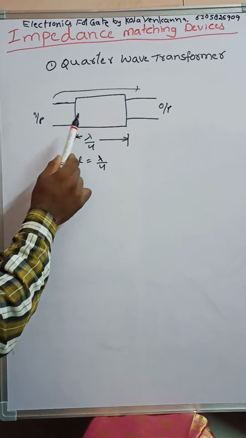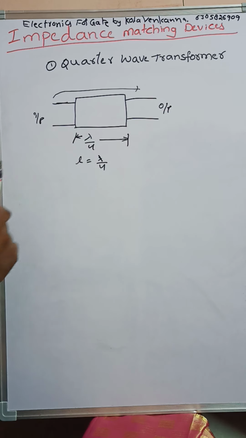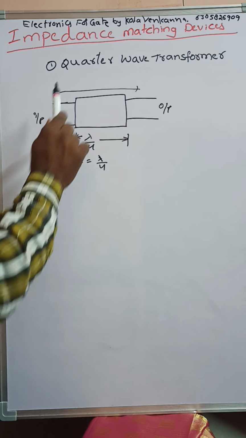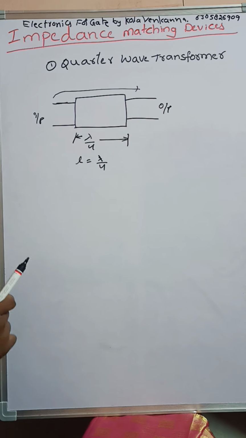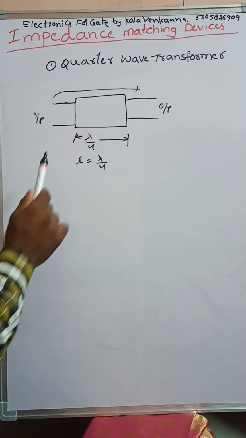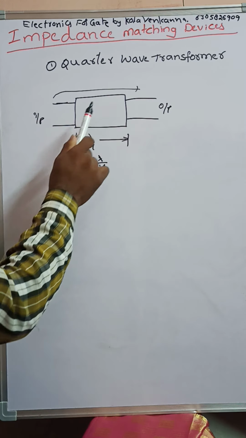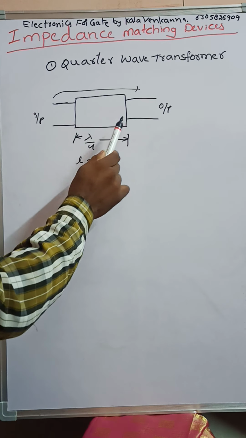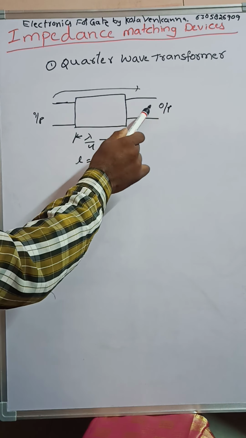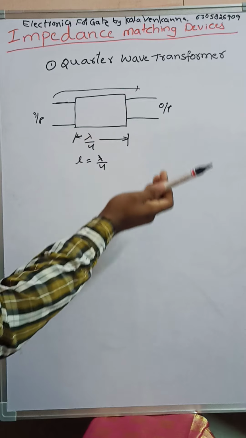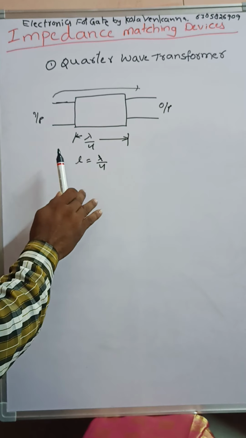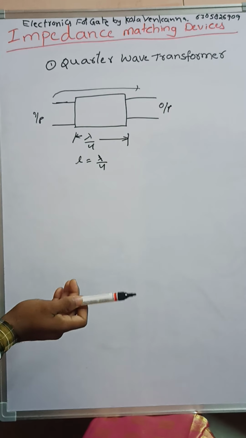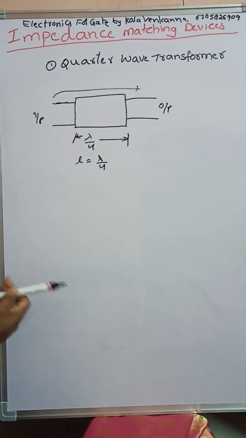So that's why this is also known as impedance inverter. So the quarter wave transformer is also known as impedance inverter. By choosing the proper characteristic impedance, the output impedance either decreases or increases, and the input impedance either increases or decreases, and vice versa.